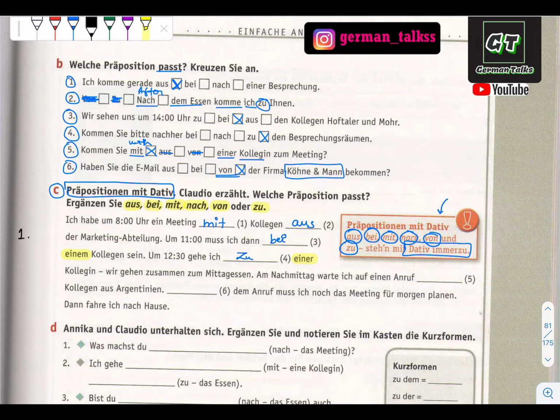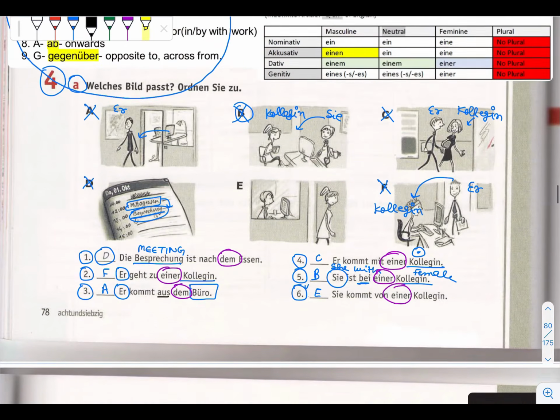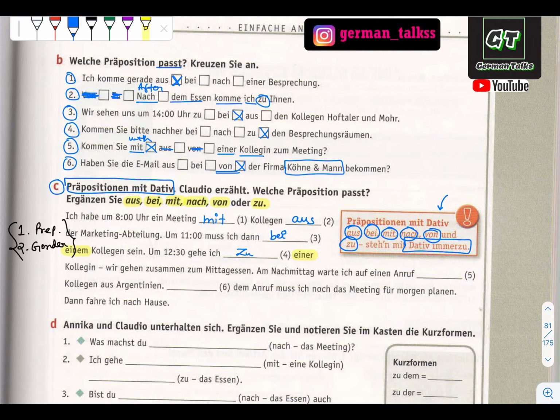For this you need two things again. One is the preposition, in which case, dative or accusative; these are all dative. Second is the gender of the noun. So you can also do the practice. Watch what we did here. Am Nachmittag warte ich auf einen Anruf von Kollegen aus Argentinien. Von means from.